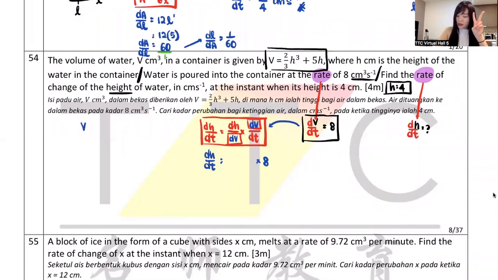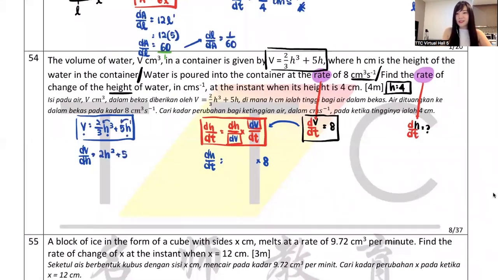V. The V equation, do they give? Yes. Can I differentiate straight away? Yes. How do I know yes? Because outside got V, inside only got H. Very good, Vima. So dv dh. Differentiate it with times, and then we minus 1. So 3 times 2 over 3, 2. Then minus 1 gives 1. 1 times 5, 5.